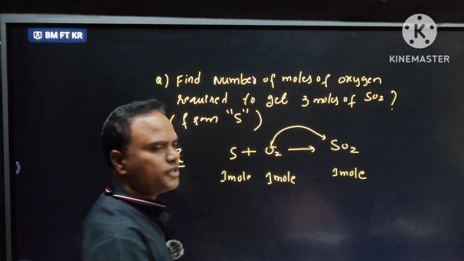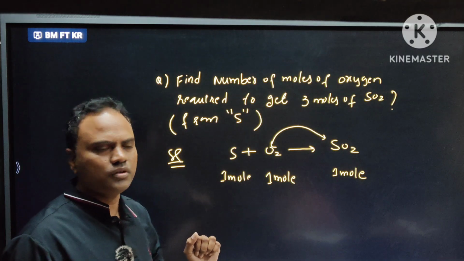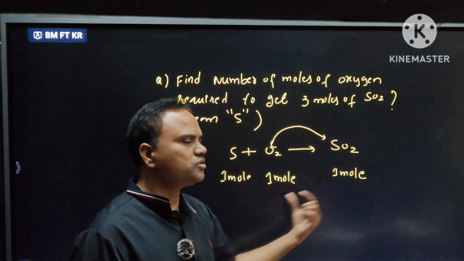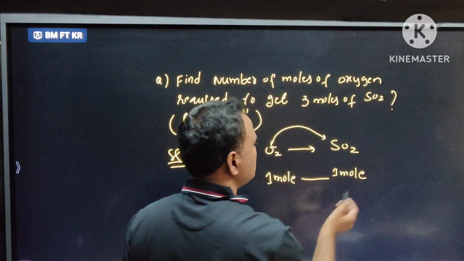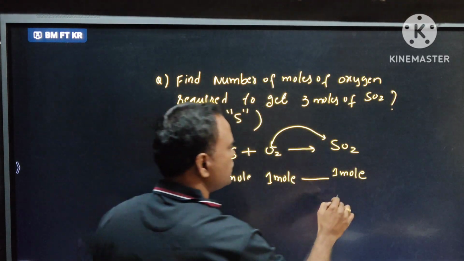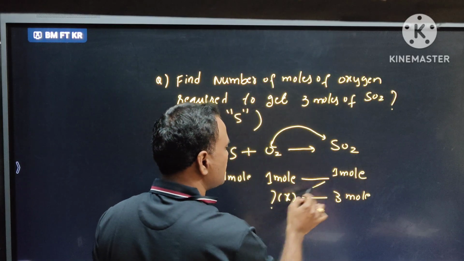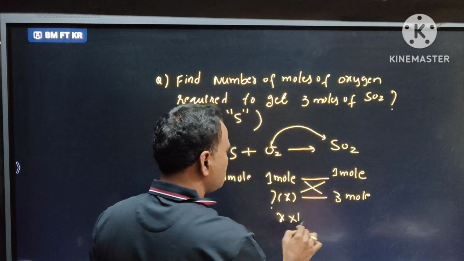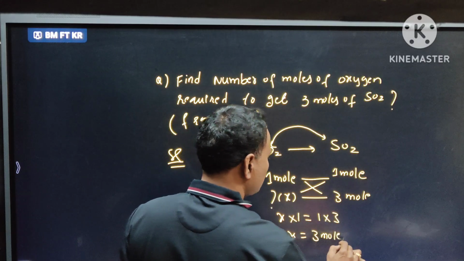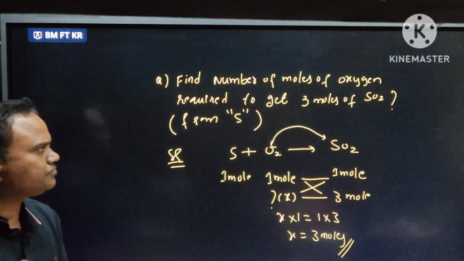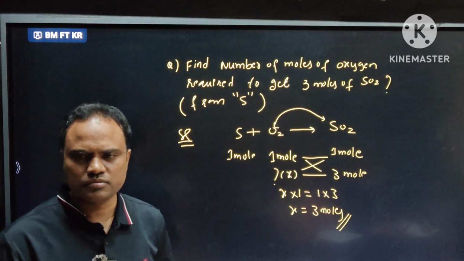For 1 mole, how many moles of SO2 will come? 1. To get 3 moles, how many moles do you have to take? Do cross multiplication. X into 1 is equal to 1 into 3, that is equal to 3 moles. Completed.